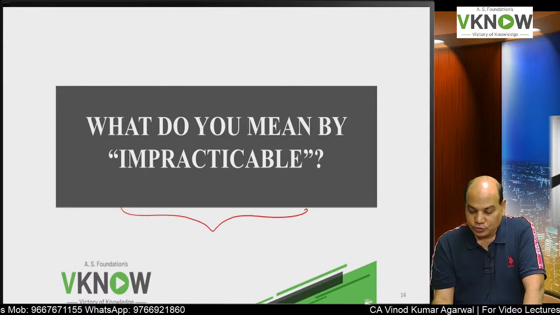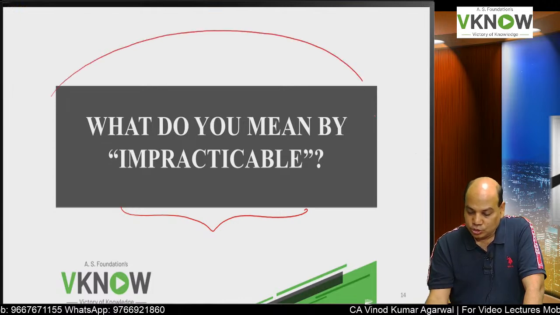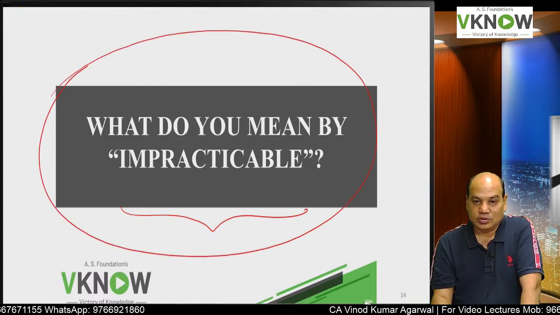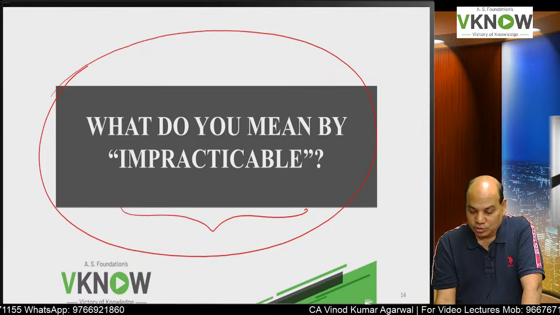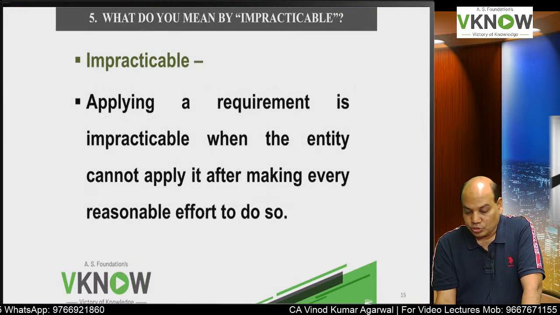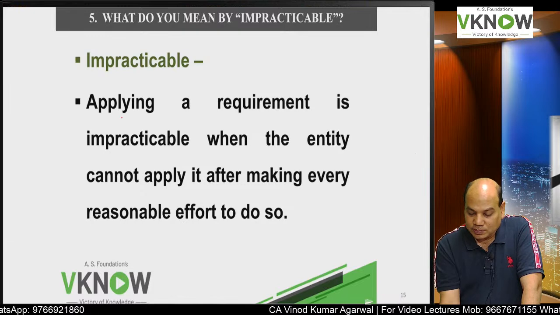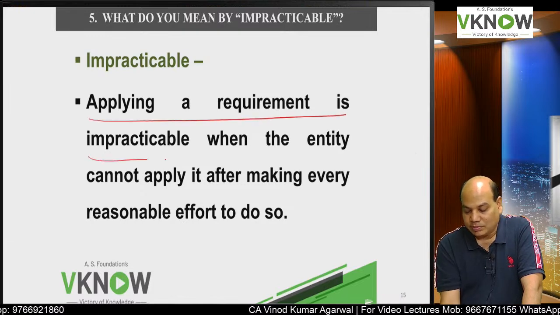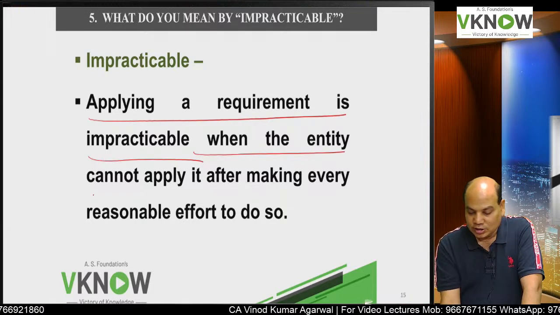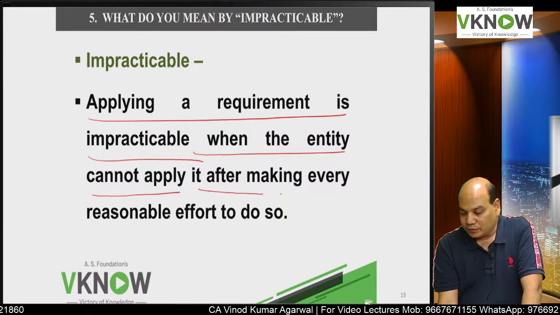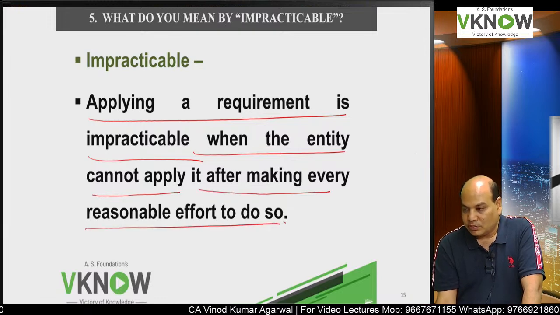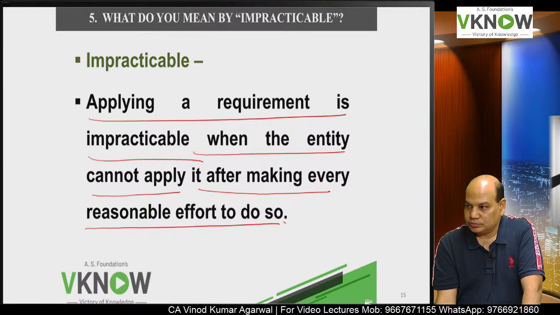Okay, if you say that no, you have to do everything as we want, some management will not be able to do it. So impractical means applying a requirement is impracticable when the entity cannot apply it after making every reasonable effort to do so.